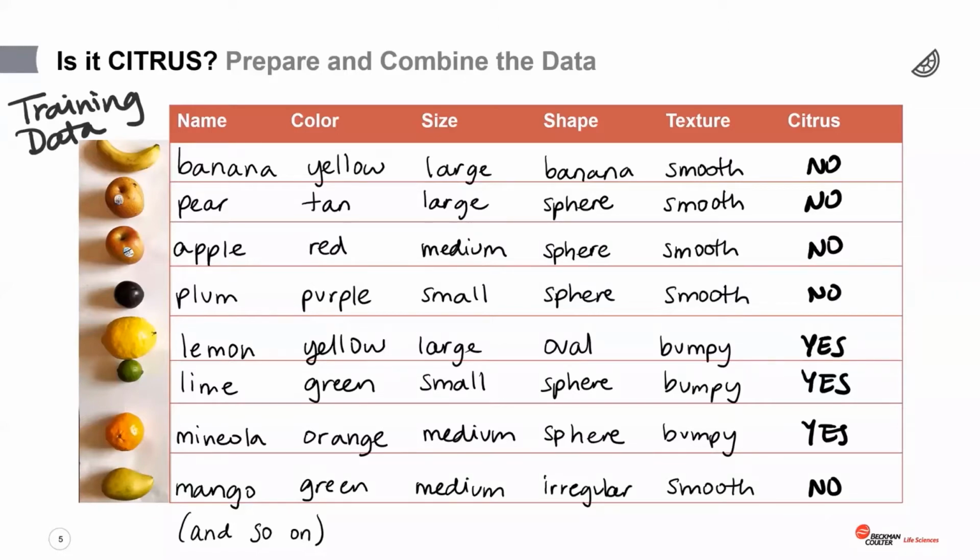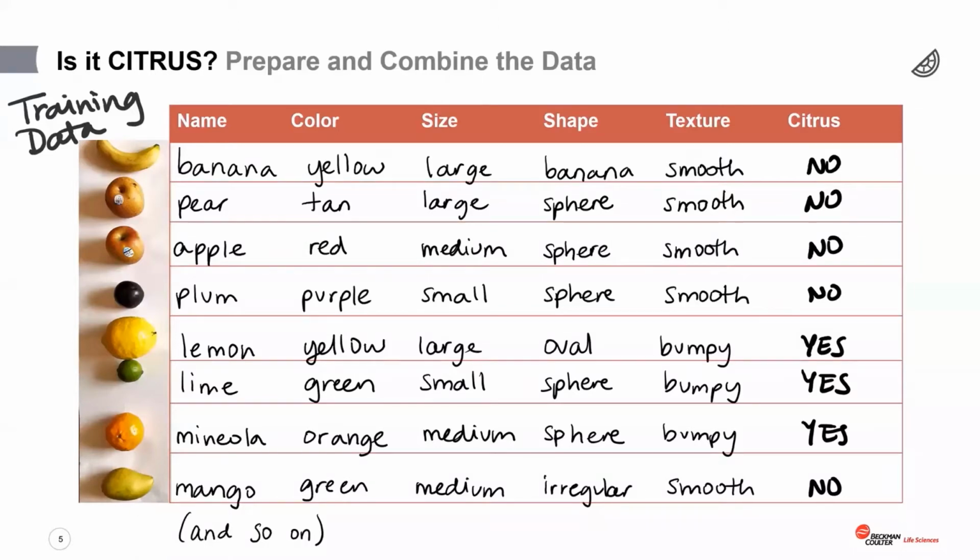For example, I described the banana as yellow, large, banana-shaped, and smooth, and not a citrus fruit. I also had in my sample some Asian pears, apples, plums, lemons, limes, mineola, and an unripe green-colored mango.